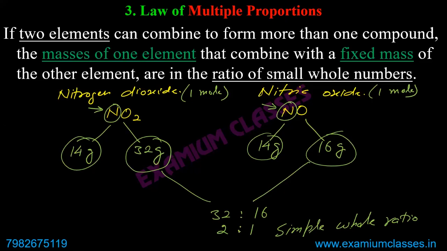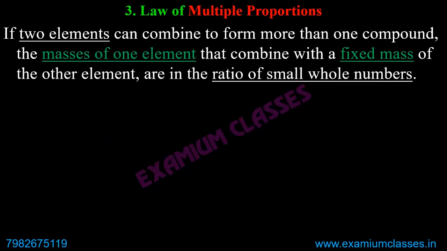I'll explain again, because by reading the definition, it will be difficult. Now, after understanding the example, if you go through the definition, you will be able to understand. I am giving you another example. Another example is H2O, H2O2, both 1 mole.